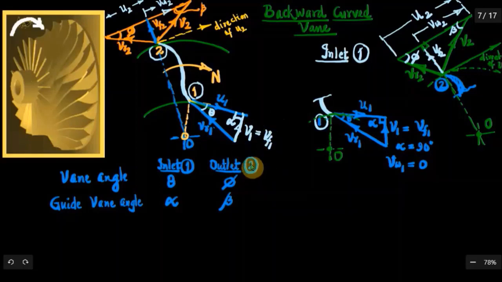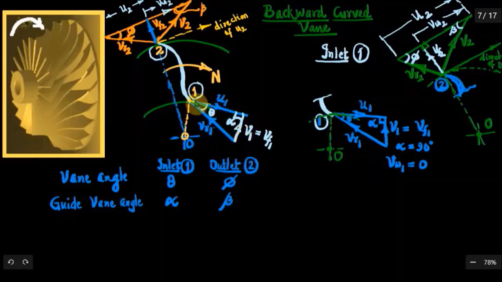So V1 is axial, and U1 is tangential to the circle representing the impeller, that is at this tip. U1 we already found out, the value is pi d1 n by 60. So U1 we know, and angle theta we know, theta is 16 degrees, and this is a simple right triangle.